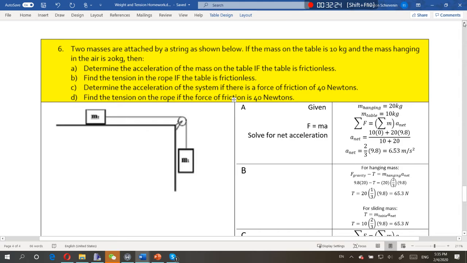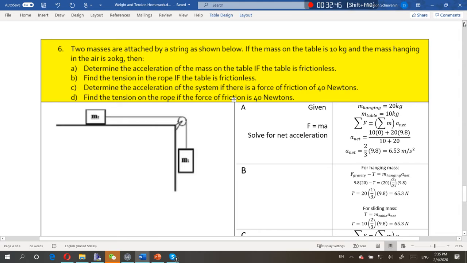And then the weight and tension homework on course sites is due tomorrow at 9 a.m. So that's the homework from Monday. Weight and tension is the only one that's due at 9 a.m. tomorrow. What about the one shown right now? The one shown right now is the one due tomorrow at 9 a.m.